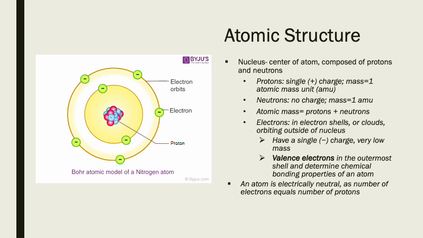So if they have 10 protons, they have 10 positively charged particles. But they're also going to have 10 electrons, which are going to cancel out the positive charge of the protons. So essentially, the charge would come out to 0 because one would cancel out the other. So every element on the table, the way it sits, is neutral. There is no charge. We can have charges, but on the periodic table, they're all neutral.